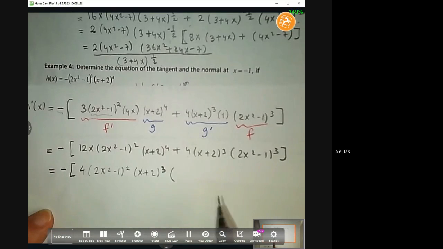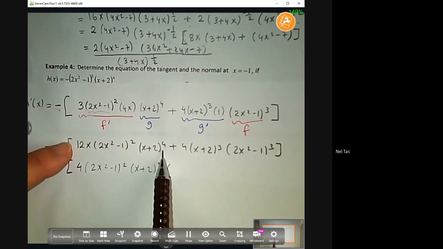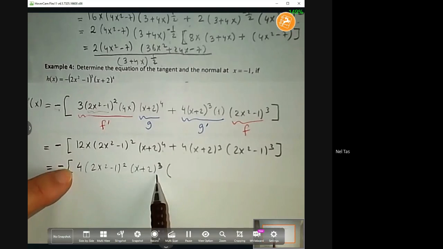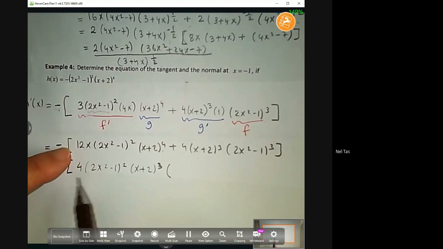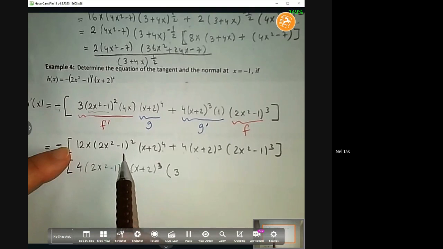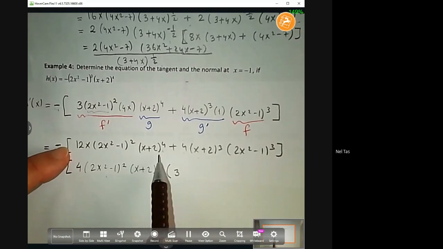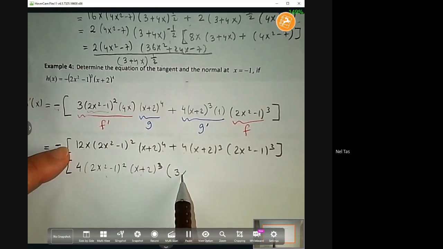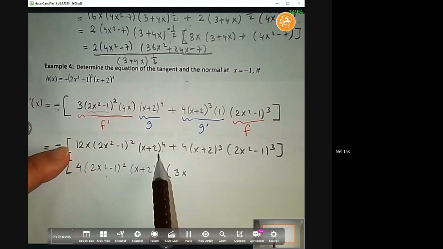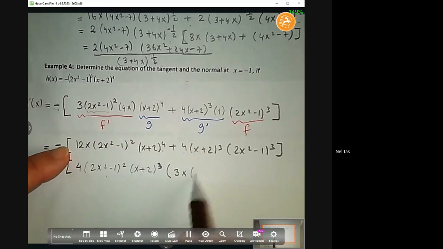Open a bracket. So take the first term divided by the common factor. 12x divided by 4 gives you 3. 2x squared minus 1 squared, 2x squared minus 1 squared, they are gone. X plus 2 to the power of 4, actually there should be x there. So you get x plus 2 to the power of 1.